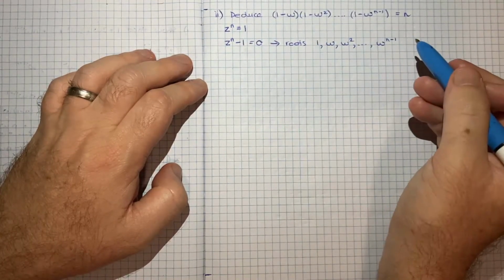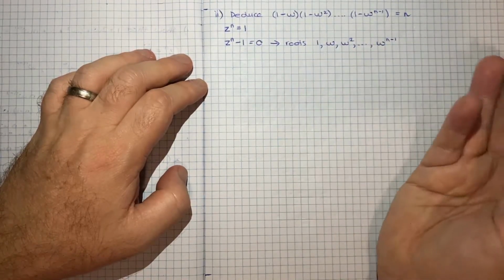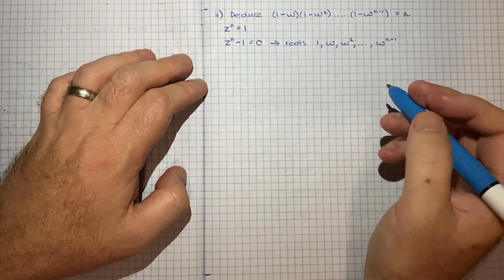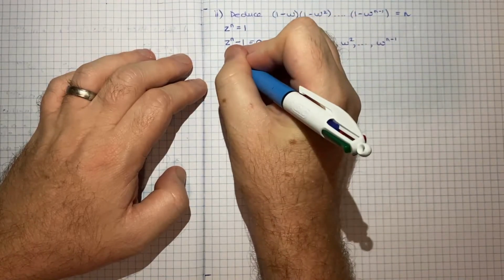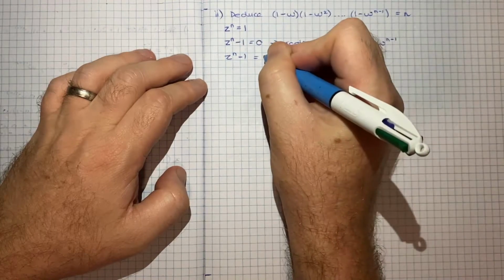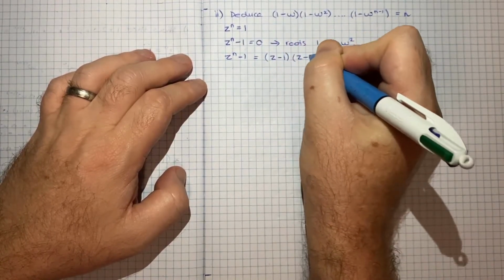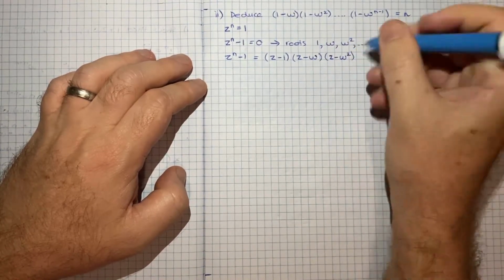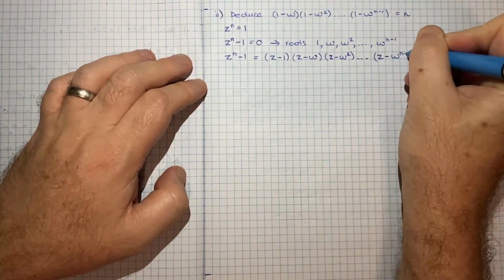Then the way we can write this is like what you've probably seen a long time ago in math when you were factorizing quadratics or any kind of polynomial. If we know that these are the roots, then z to the n minus 1 can be written as (z minus 1) times (z minus omega) times (z minus omega squared) and so on, all the way up to (z minus omega to the n minus 1).